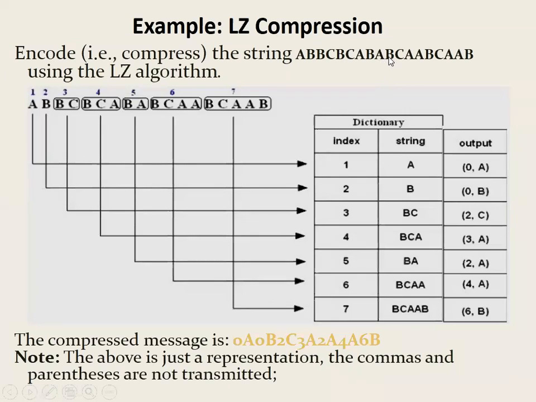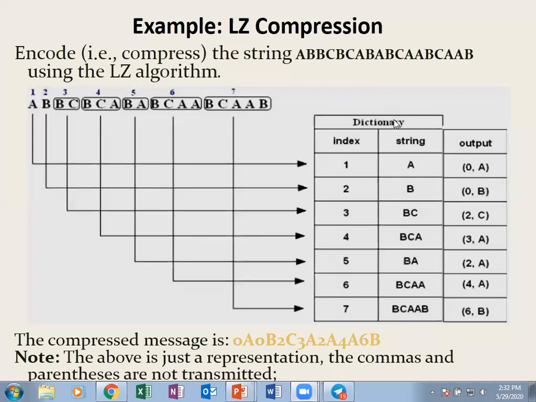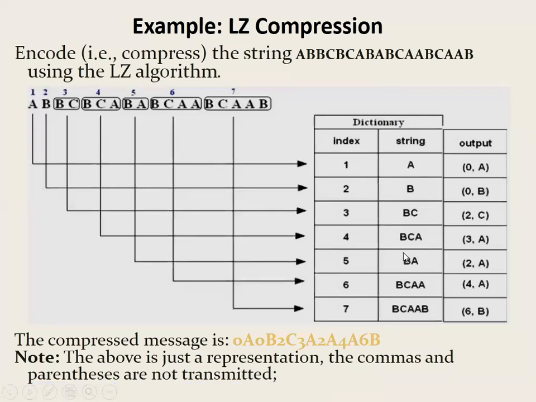The next symbol again to refer is B. Take B and include it in the dictionary at index 6. But B is already available at index 2. So we have to add more symbol. Next to B is C. After adding C, we get BC. And BC again is available at index 3.